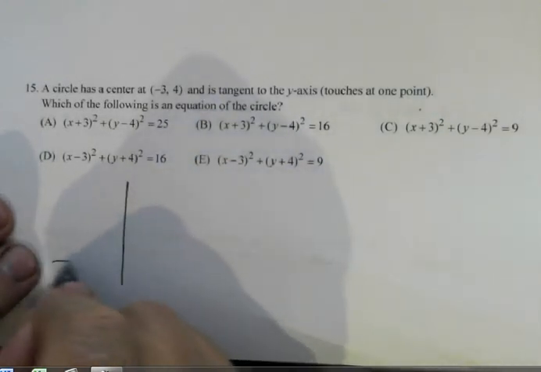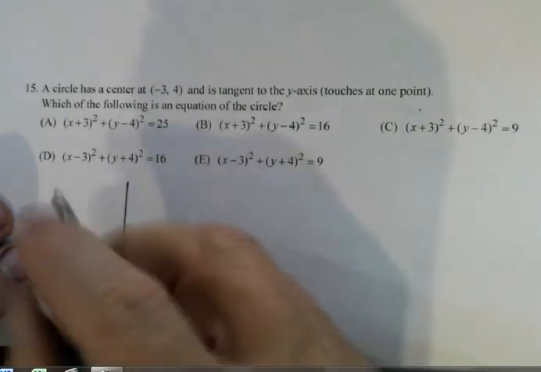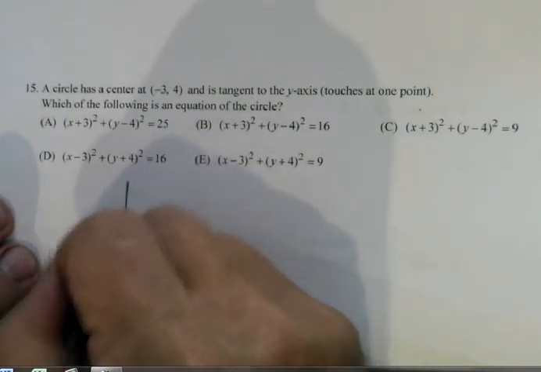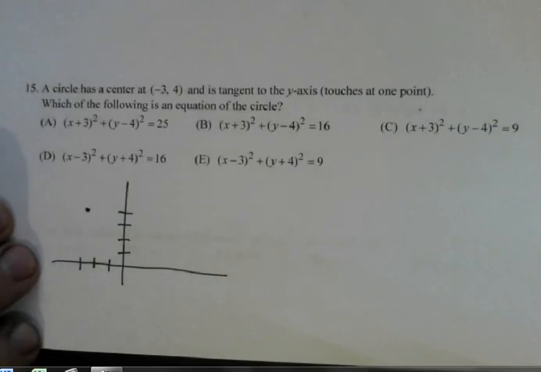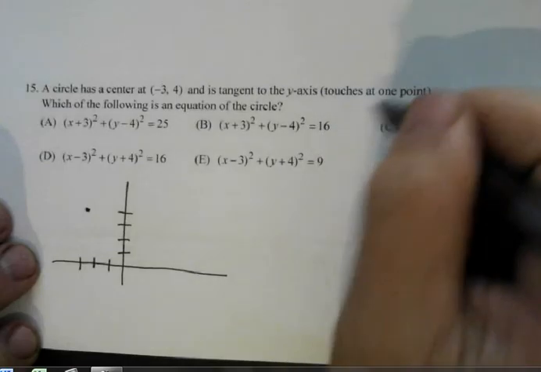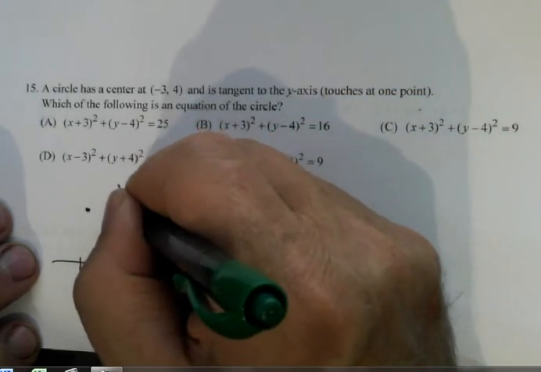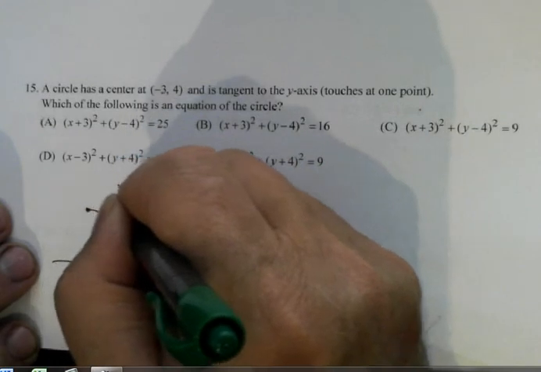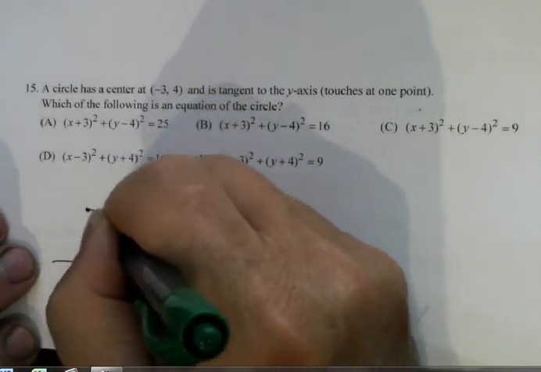So at -3, 4: -1, 2, 3, up 4, 1, 2, 3, 4. That's my center. Then they say it's tangent to the y-axis, which means it touches at one point. That means the graph comes through and touches just like this, which means my radius is 3. So it would actually come around like that.